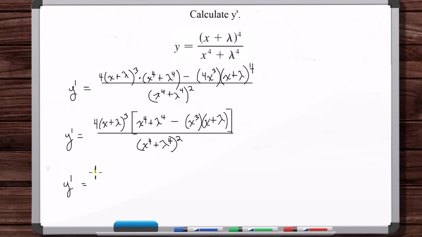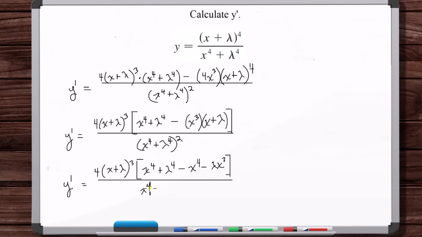Okay, we can continue to simplify. We've got here x to the fourth plus, okay, minus x to the fourth, so we've got lambda to the fourth minus lambda x cubed.